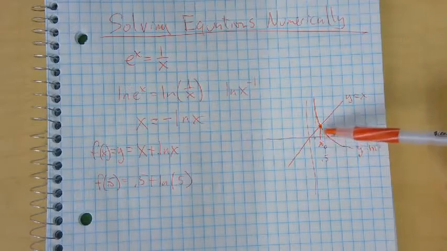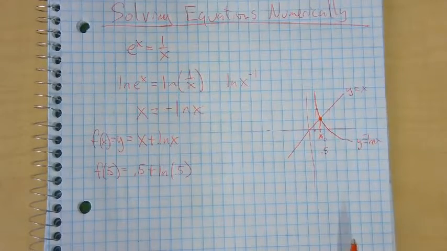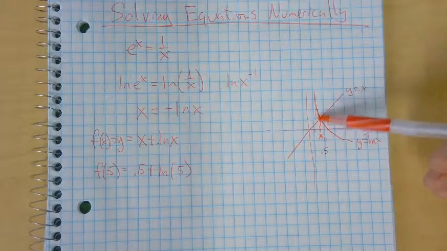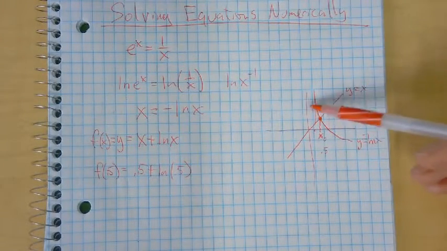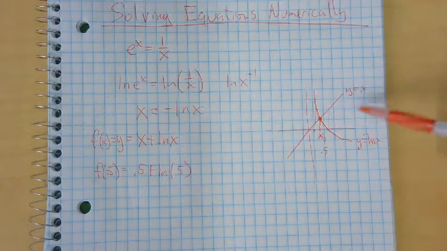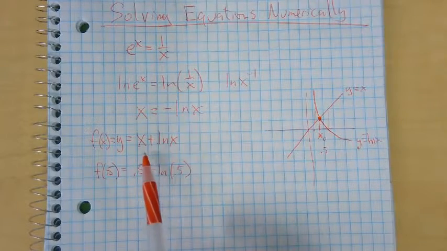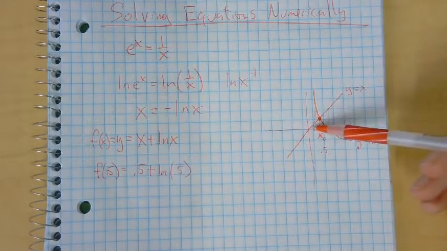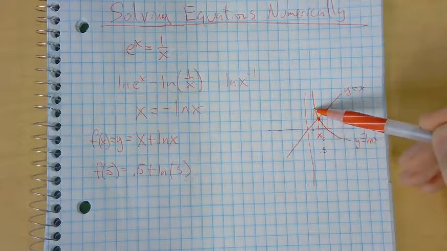All right, so I said before that if we graph these, we could see that this is somewhere around 0.5. Now, what we notice here is that as these things are crossing each other, on the left side, this function's bigger, and on the right side, y equals x is bigger. So what's going to change in between there is if I'm out this way, this minus this is going to give me a negative number because this is smaller than this.